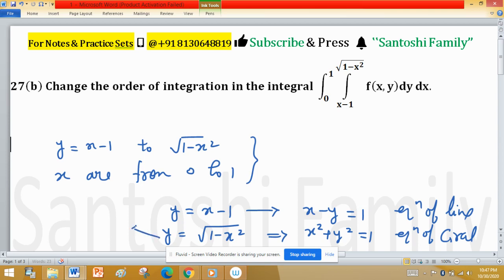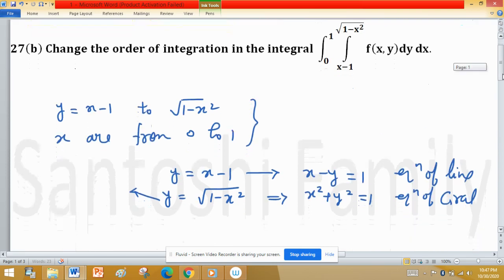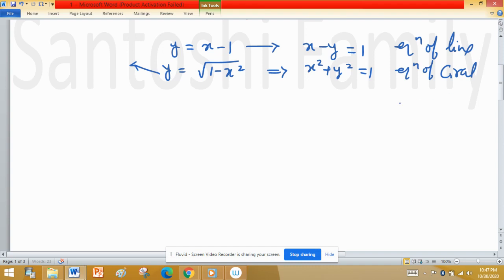But this equation is saying that it is the upper half circle, because y is positive here. With the help of these two equations, first I draw the domain of integration. This is the circle.